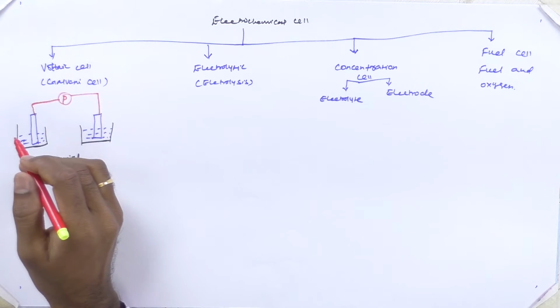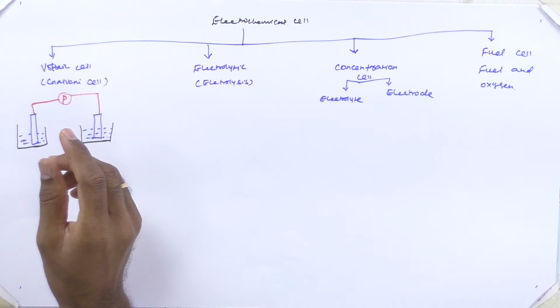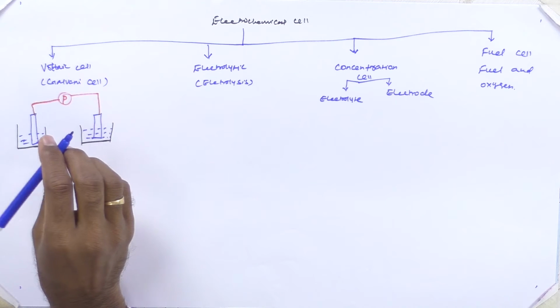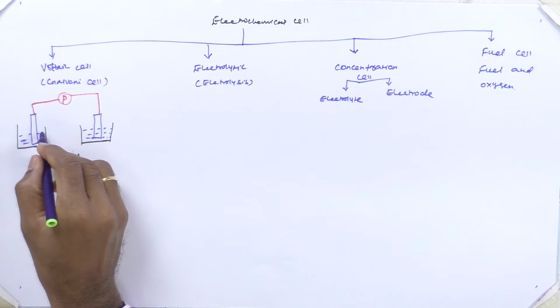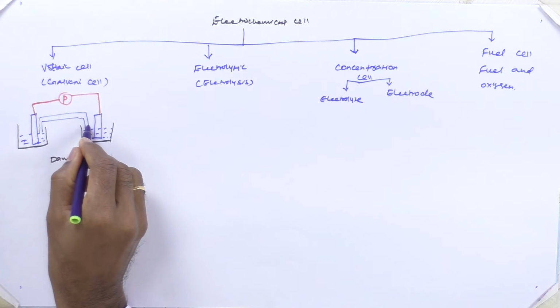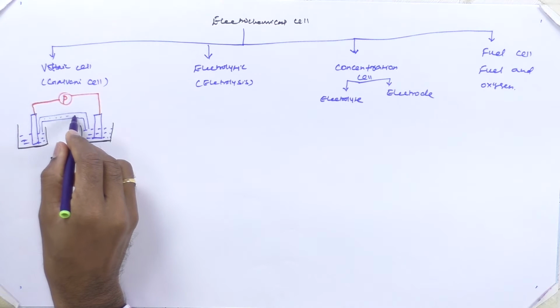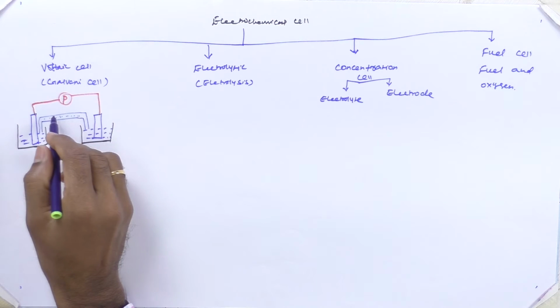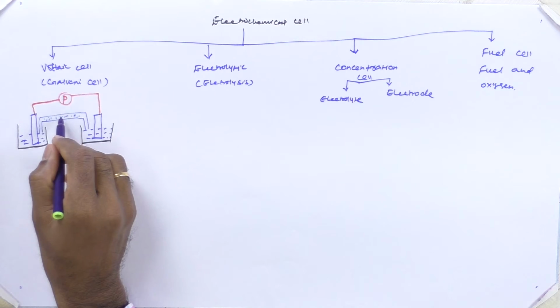After connecting this, we are supposed to make one more connection, called a salt bridge. The salt bridge will help us reduce the liquid junction potential, and normally this salt bridge is filled with the common anion available in both electrolyte compartments.